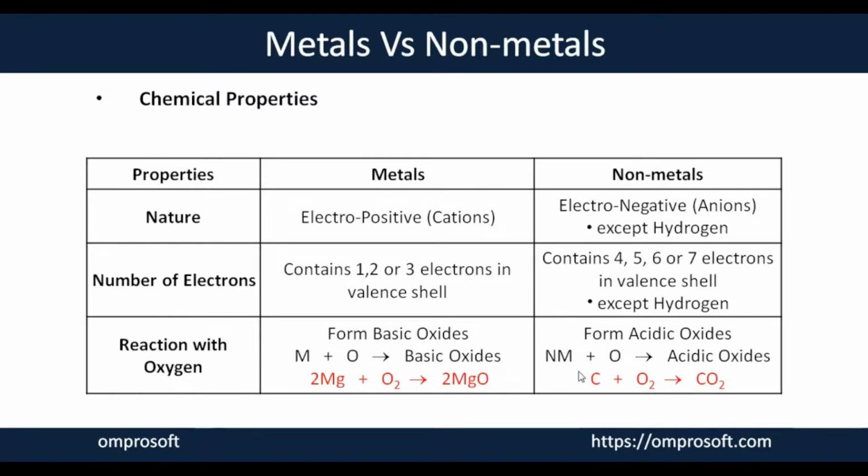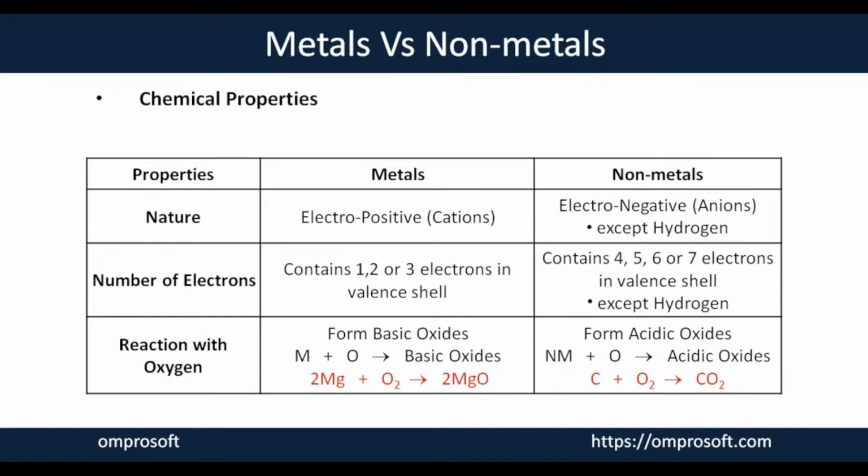But if we do the same reaction with non-metals, when a non-metal reacts with oxygen, it forms an acidic oxide. Whenever any non-metal reacts with oxygen, its nature becomes acidic, meaning its pH value becomes lower than 7, in the range from 0 to 7.